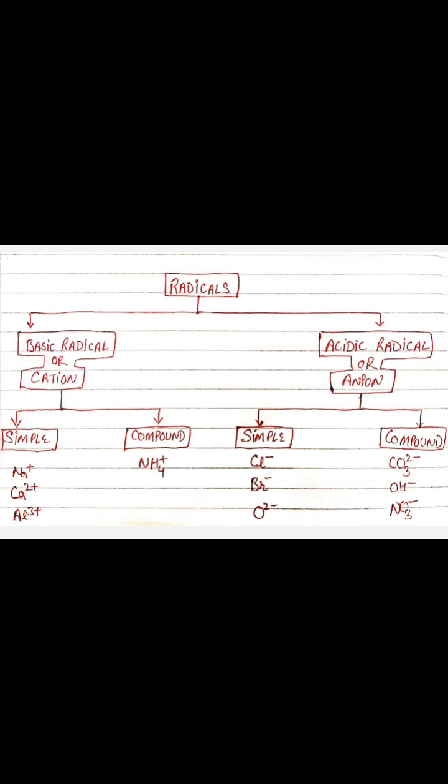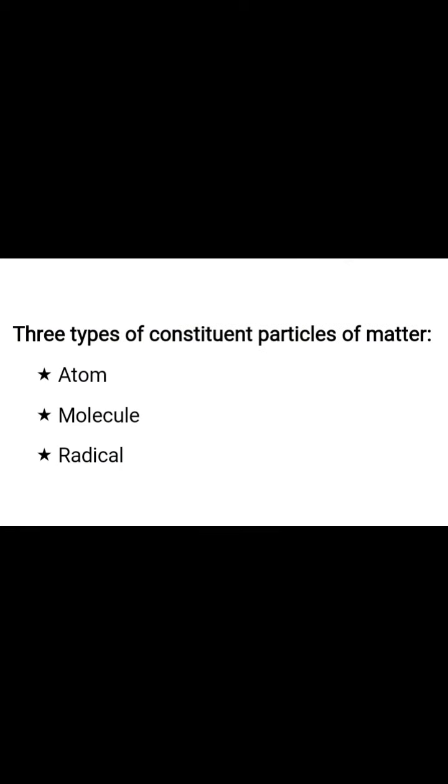So dear students, in this lesson till now we have studied three types of constituent particles of matter: atom, molecule, and radical. Sometimes matter is made up of atoms, sometimes of molecules, and sometimes of radicals. Whatever is in our surroundings is made up of atoms, molecules or radicals. These are the constituent particles of any matter.